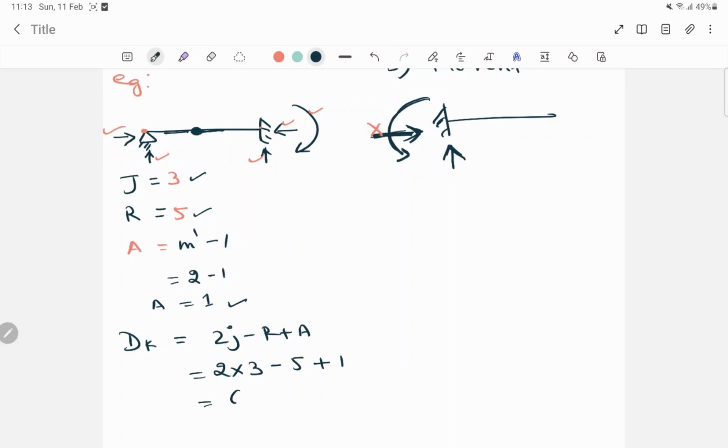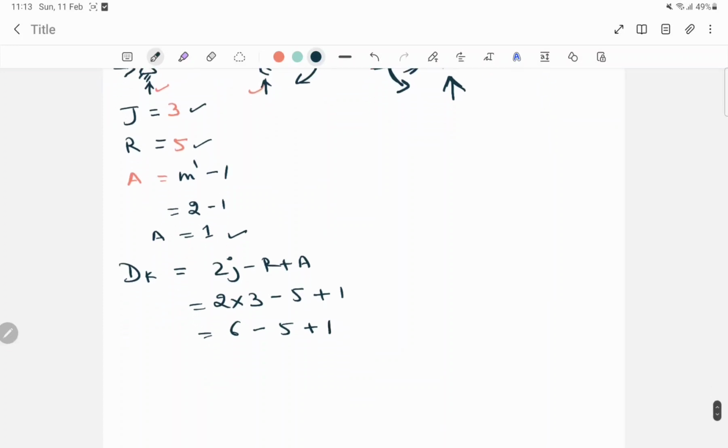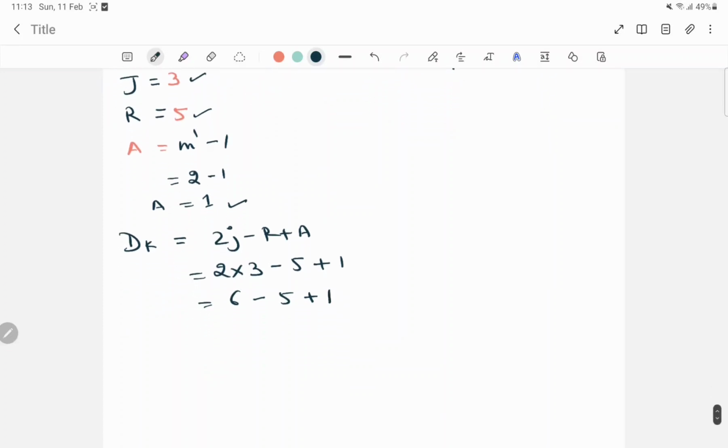So 2 threes are 6, minus the number of unknown reactions. Okay, sorry, what I have done here is the a value is 1.